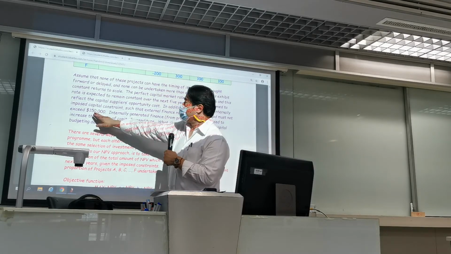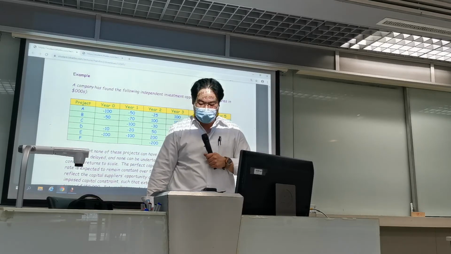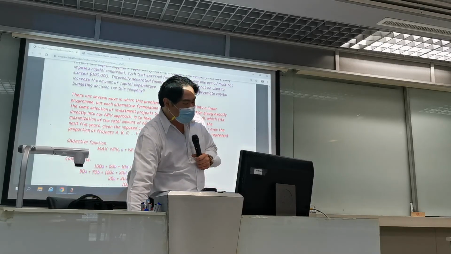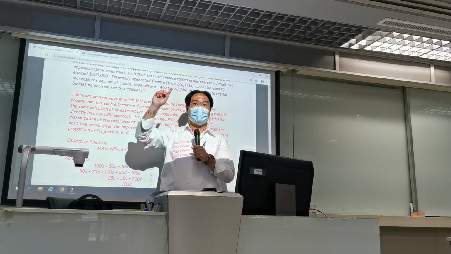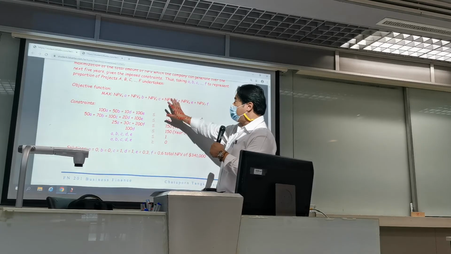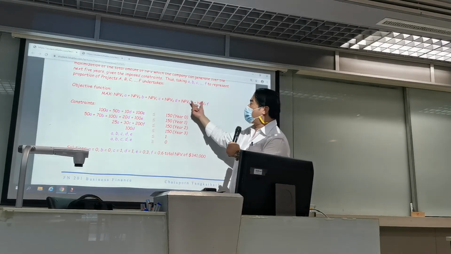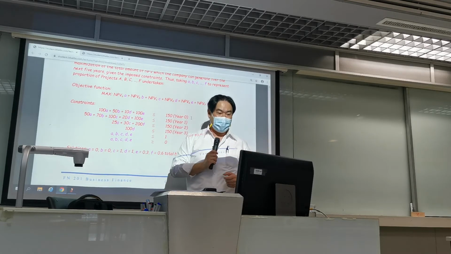Okay, so in this case, to decide what to invest in, you need the help of the idea called linear programming. I think you know how to do it from another course, right? So you set the objective that you would like to maximize shareholders' wealth, so that when you sum up NPV it must be the highest, and you solve for the proportion that you invest in each project.